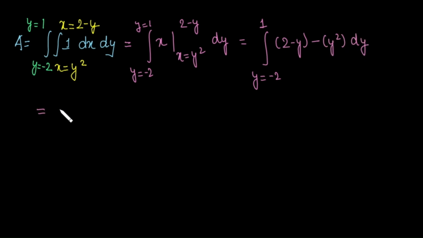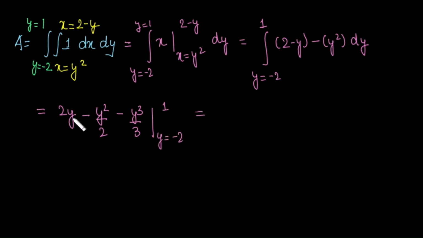This is equal to 2 into y because the constant integration is y. Integration of y is y square by 2, this negative sign as it is, negative of. Integration of y square is y cube by 3. Limit for the y is minus 2 to 1.